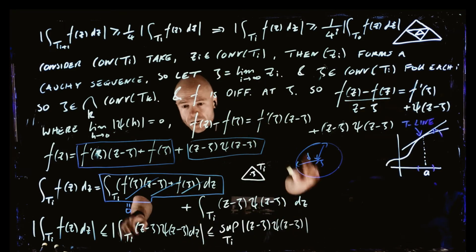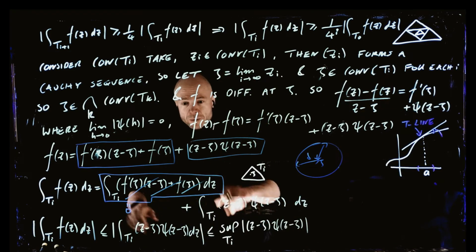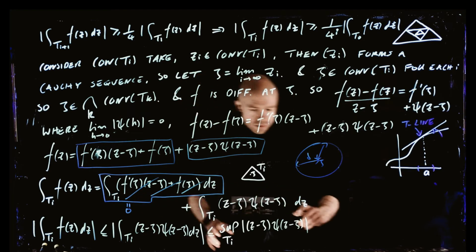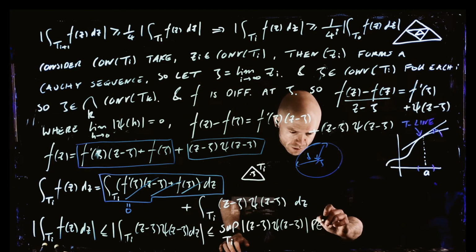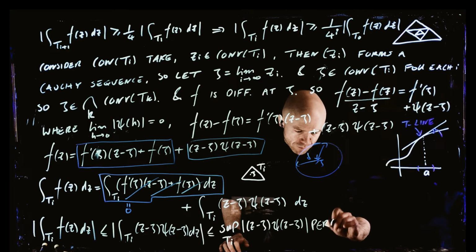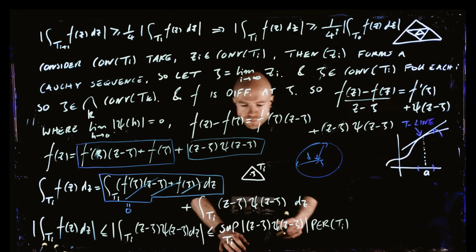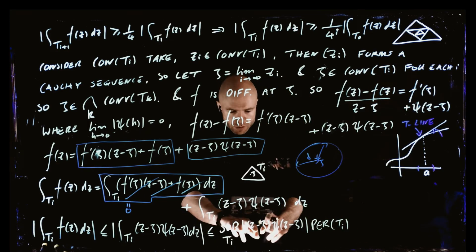And then just the length of this path, which is just the perimeter of the triangle T_i, yeah? And as already pointed out, this quantity here is less than the diameter, yeah?